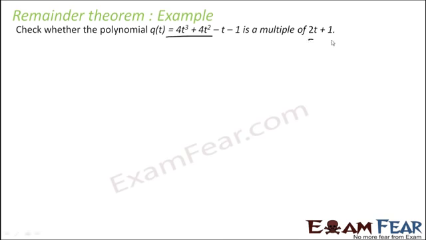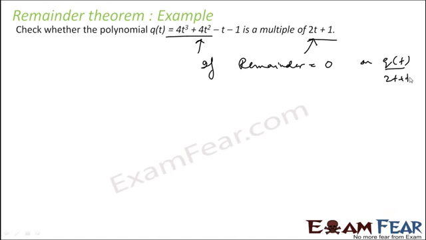Check whether this polynomial is a multiple of 2t plus 1. As I told you, this polynomial will be a multiple of this if the remainder is equal to 0 when you divide q of t with this. So let's find the remainder.